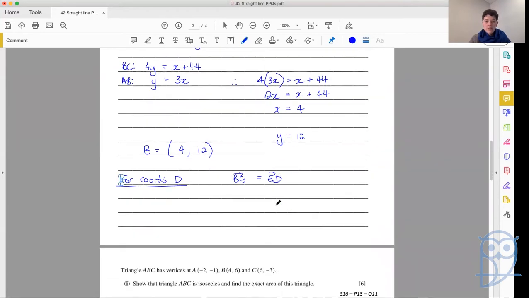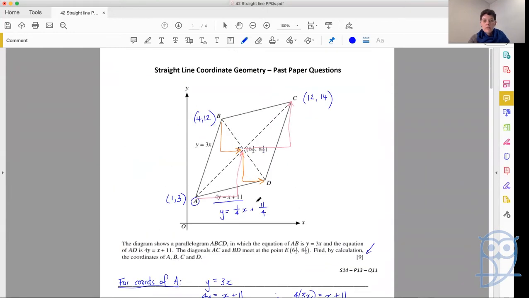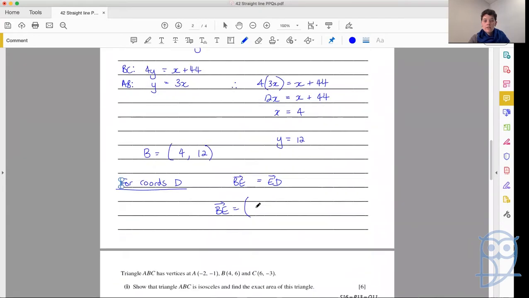We are happy with the fact that BE equals up 2.5, down 3.5. So 2.5 minus 3.5.